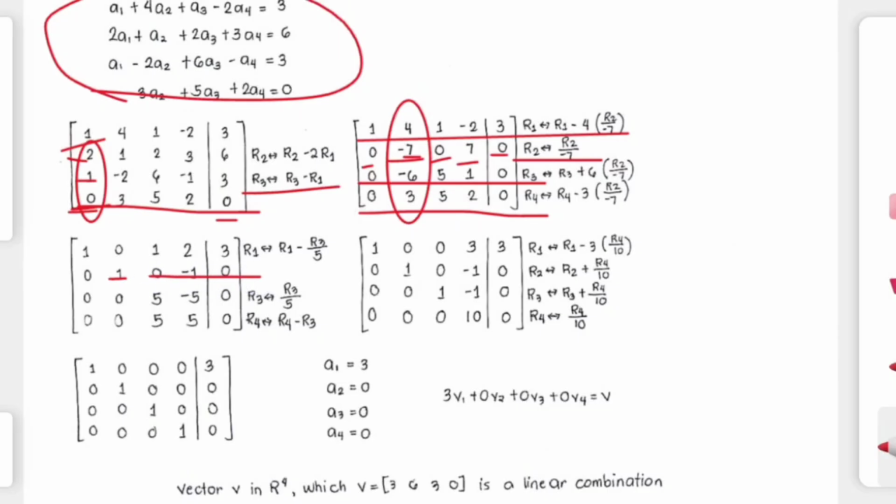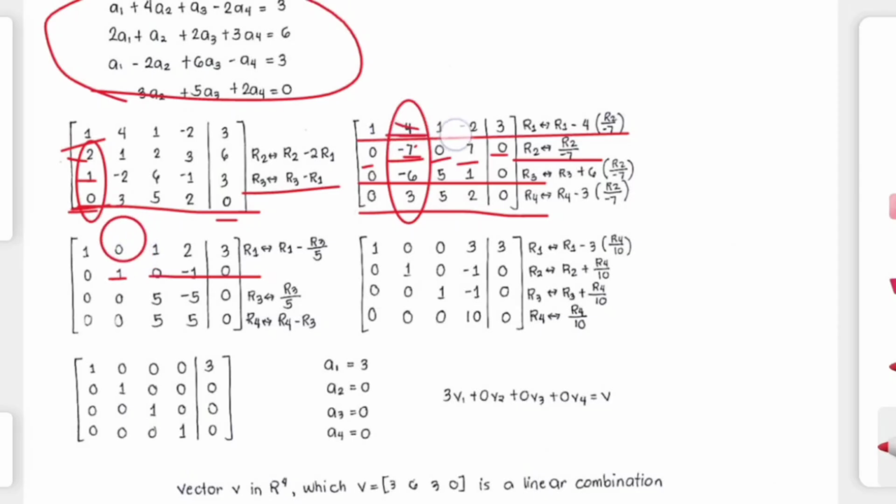And as for row 1, since we have the 4, we take r sub 1 minus 4 times r sub 2, for this to be 0 in here.